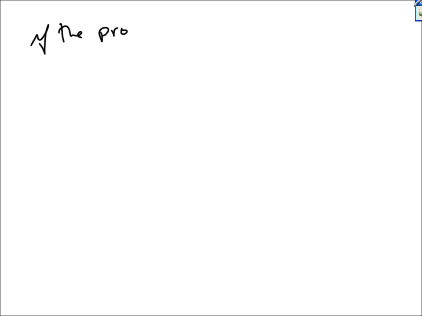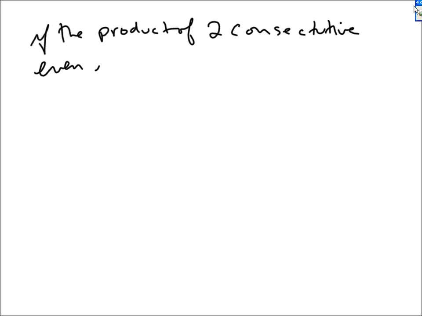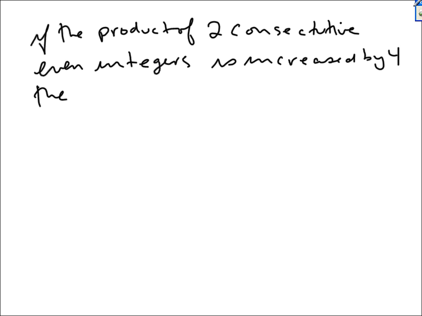If the product of two consecutive even integers is increased by 4, the result is 84.